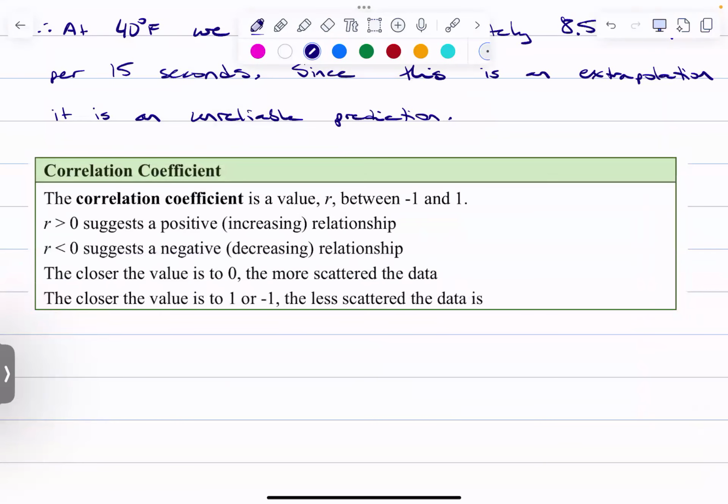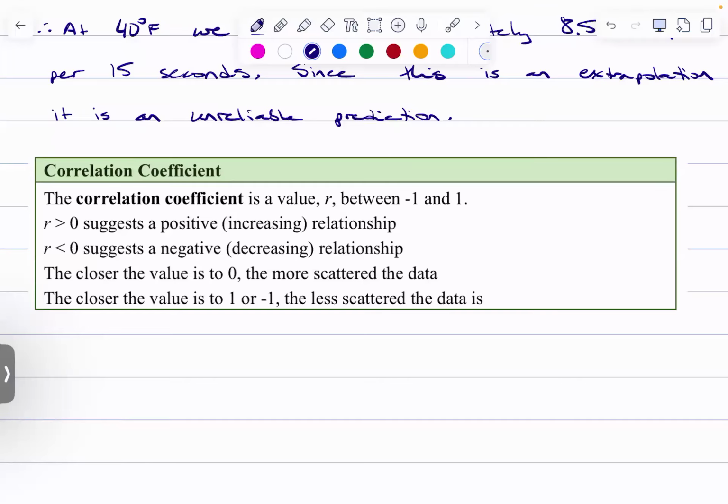The word correlation, you've probably heard before, right? Oh, is there a correlation between those two? We've even seen the spurious correlation website, where things are moving together. They're correlated, meaning they follow the same patterns.